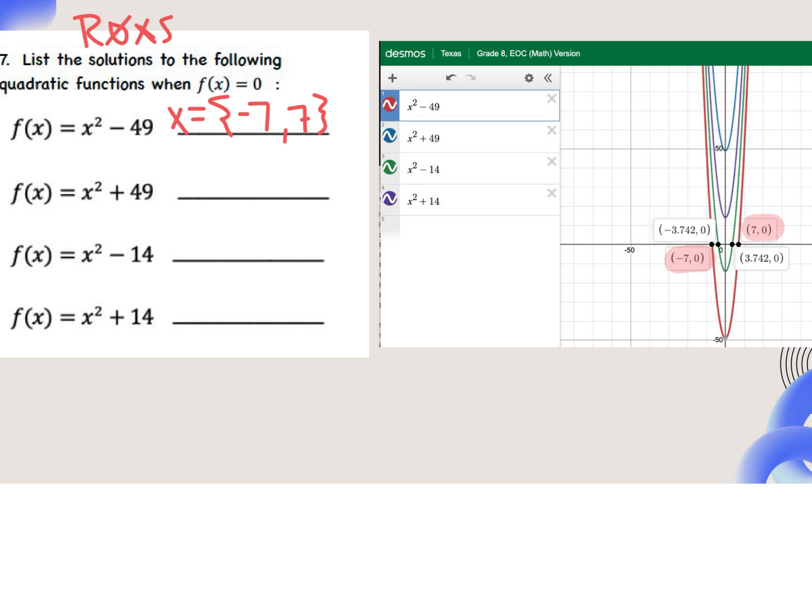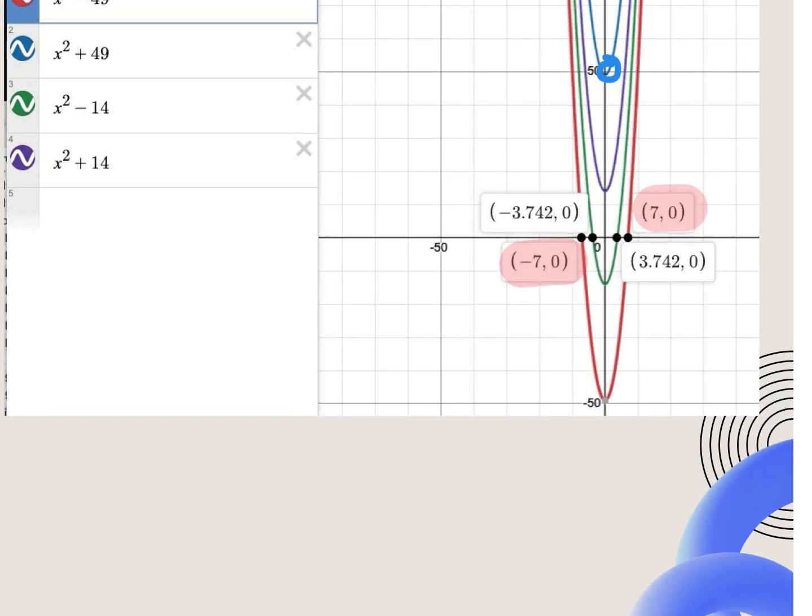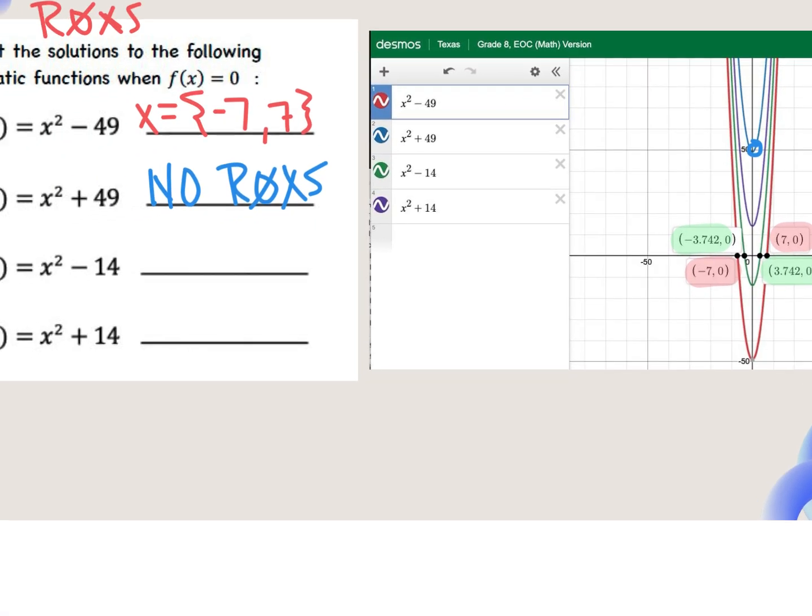For the 49, a +49, that one happens to be blue. Well, it is way up here. It is not crossing the x-axis, so this is no solution, zeros, x-intercepts, no rocks. The -14 is green. So I'm going to zoom in here a little bit so you can see some very ugly decimals.